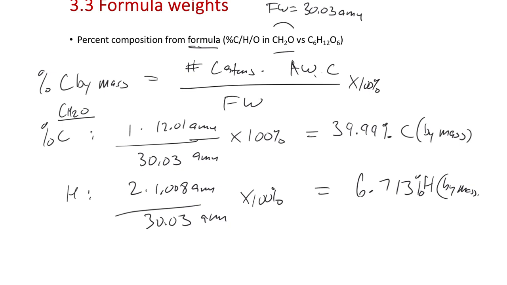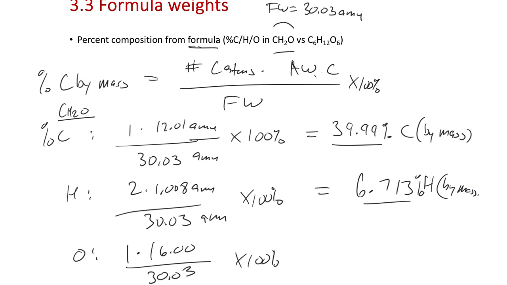Now the percent O, you could probably determine it by difference, right? 100% of the sample is C, H, or O, so the remainder of the mass should be oxygen. So we could take 100 minus this, or we can just go 16.00 times 1 for the 1 oxygen, divided by 30.03 times 100%.